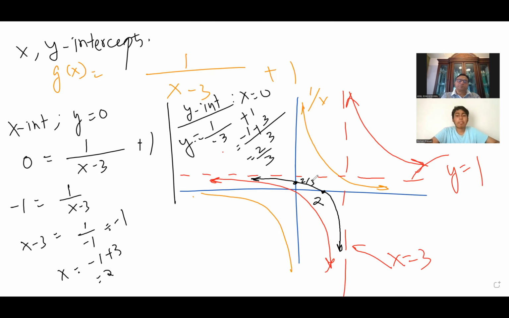Yes, sir. So you have to find x and y intercepts. This gives you more knowledge and a more accurate graph from the given situation. Is that clear? Yes, sir. Good. So you now understand how we do transformation with the square root function, and also we have seen it with the reciprocal function, right?